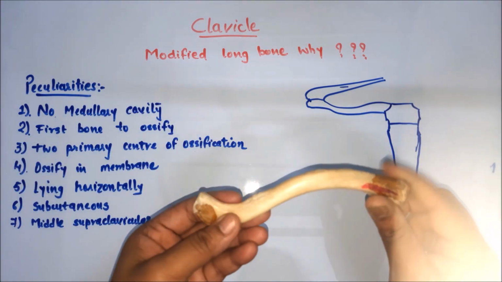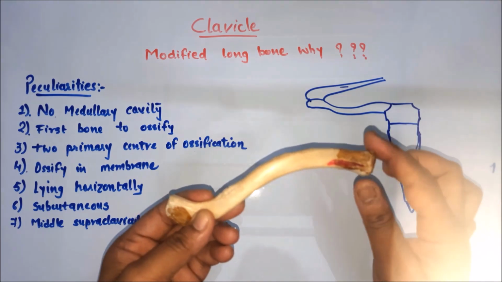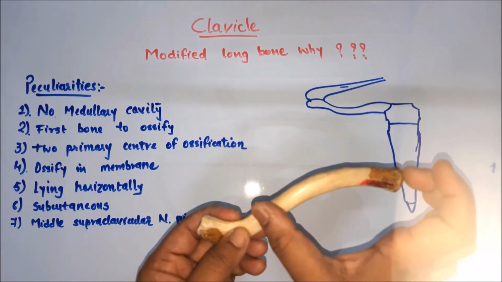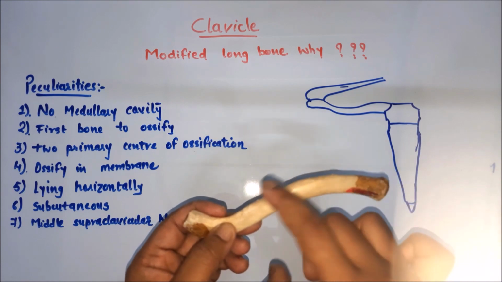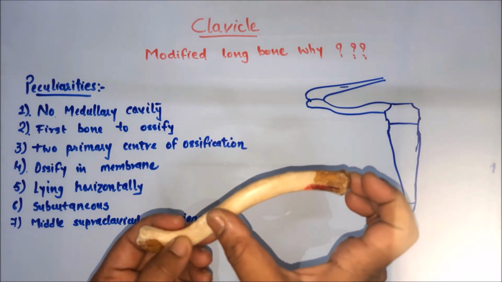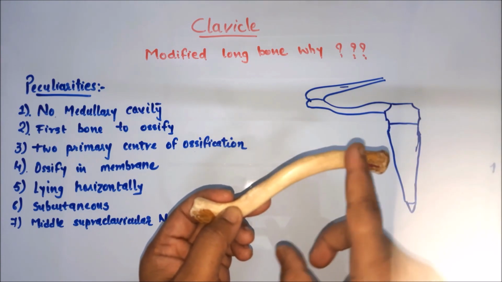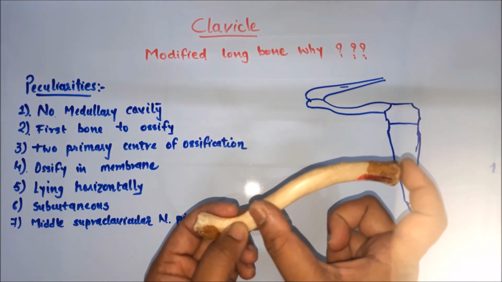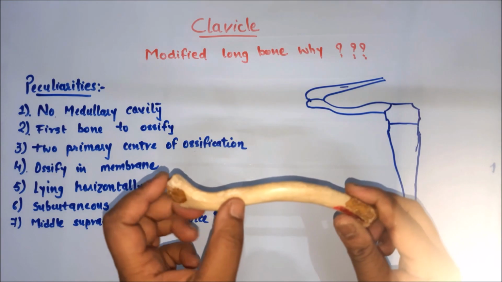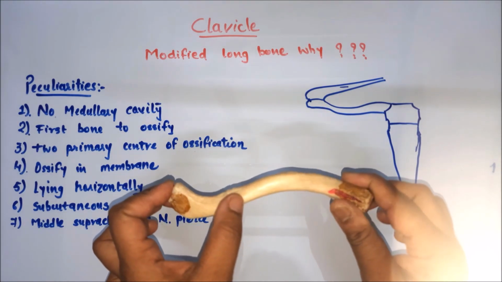So the convexity should be on the medial side towards the midline, right? Medial 2/3 convex anteriorly, lateral 1/3 concave anteriorly.